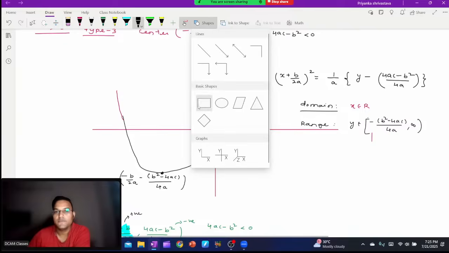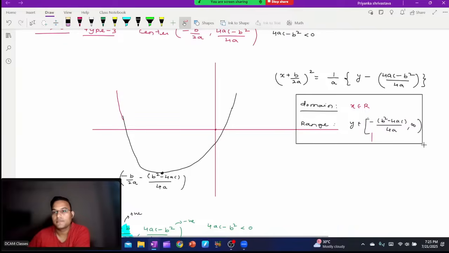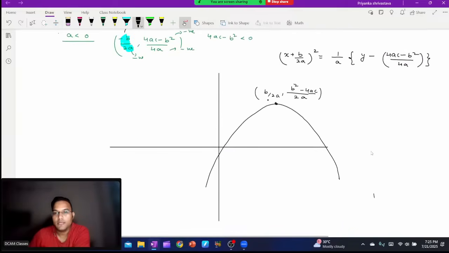In the same way, can you tell me what will be the domain and ranges here? A less than 0. Domain is real numbers only. The range will be minus infinity to b square minus 4ac by 4a.